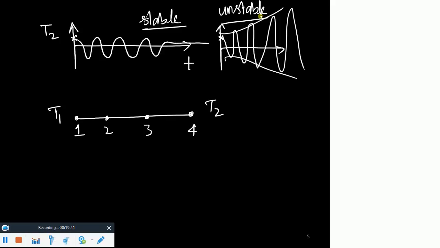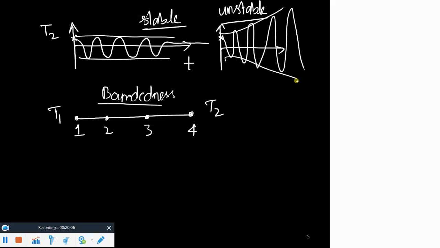It needs to settle down at a value. If it is not settling down and it is basically going like this, that is unstable. By the way, you might have heard the word boundedness. If the solution is bounded, it remains within certain limits.